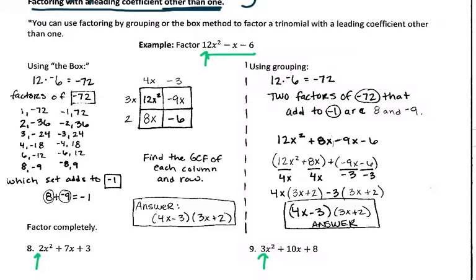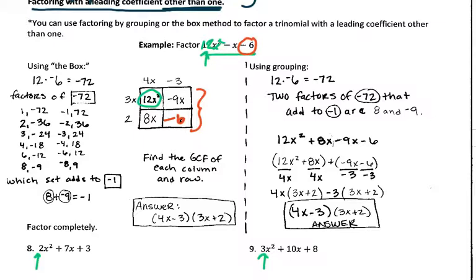If we want to use the box, the area model, to figure out how to do our factoring, the idea is that you would take each of these pieces, so this one here of 12x squared, and you put that here. We also take this last piece, which is negative 6, and put it here, because we know that this trinomial is what's supposed to result from this 2 by 2 box.